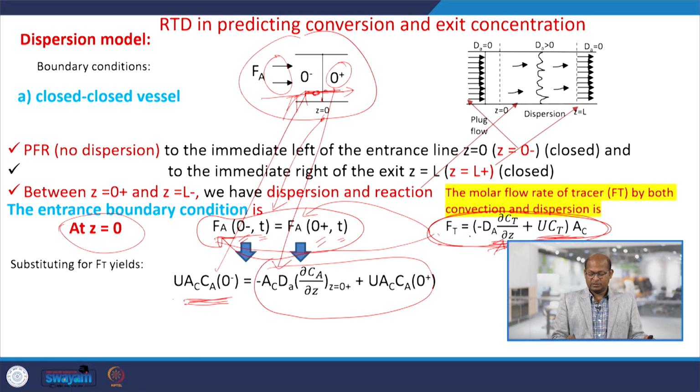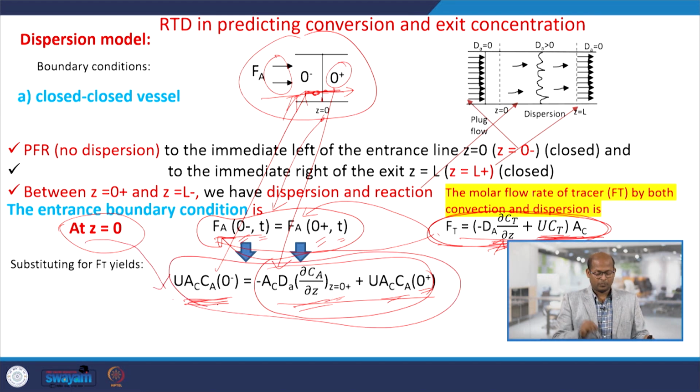So, here this molar flow rate is for diffusion, and this is for convection. If we multiply it by A_c, A_c is there, and this way the total would come, and here at z equals 0 plus. So, this is the boundary condition at z equals 0. Did you get my points or not?